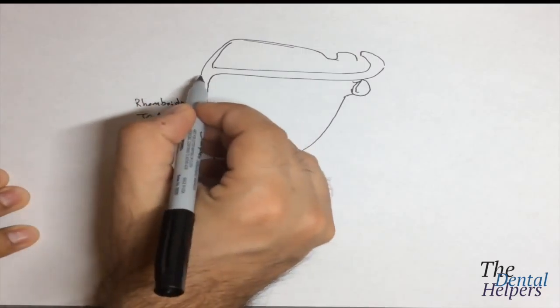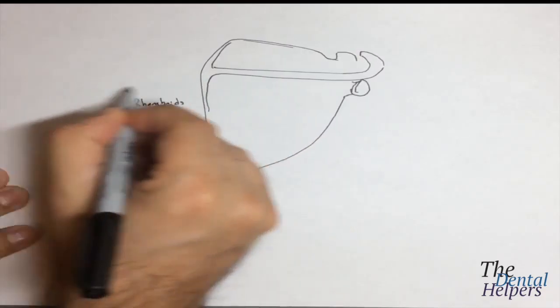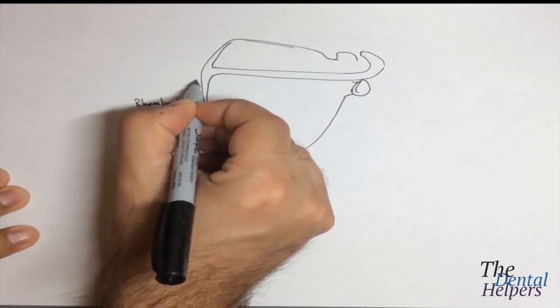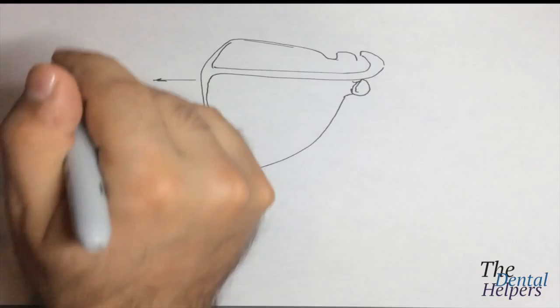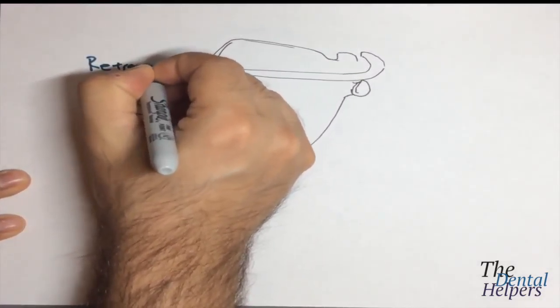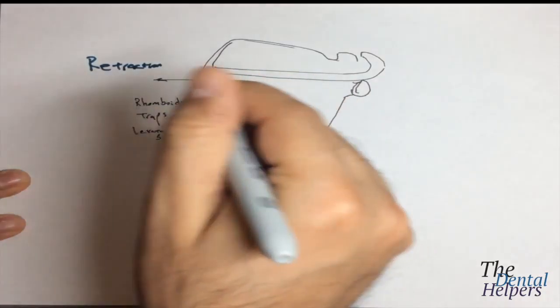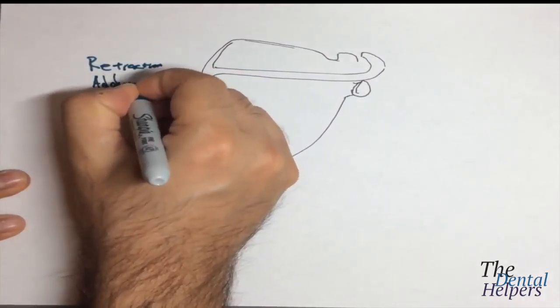And what's going to happen when one of these muscles pulls at the scapula, it's going to cause retraction. So this results in retraction when these muscles pull. And another way to look at that is it's adduction, sorry.